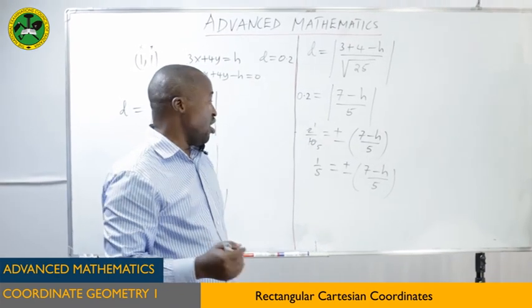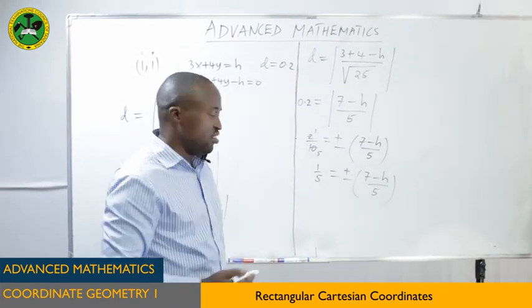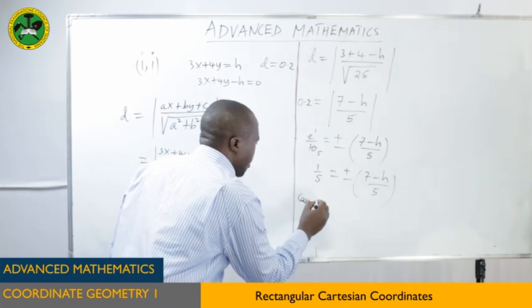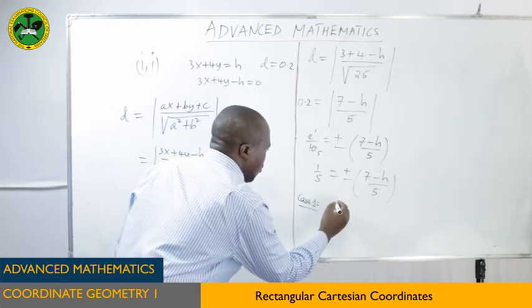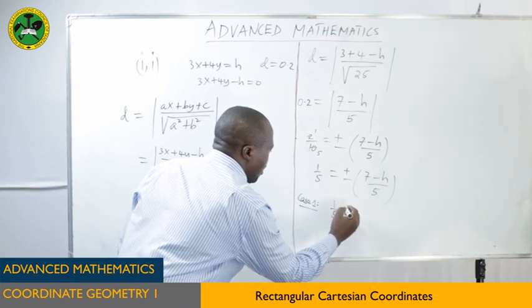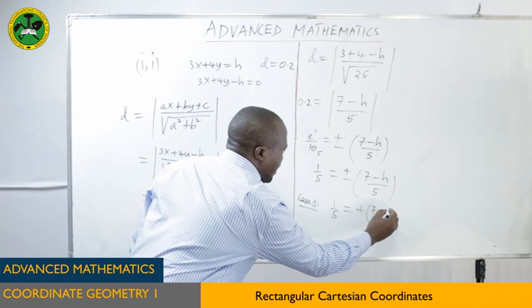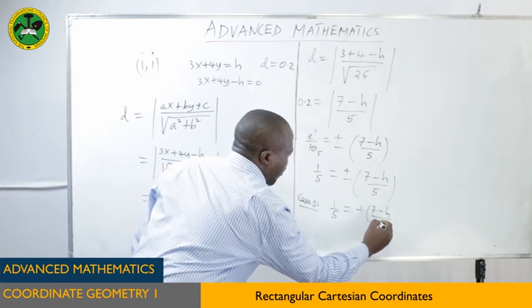So case 1, we start with the positive. Case number 1: 1 over 5 is equal to plus 7 minus h over 5.